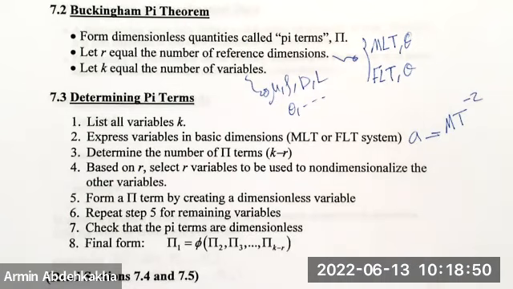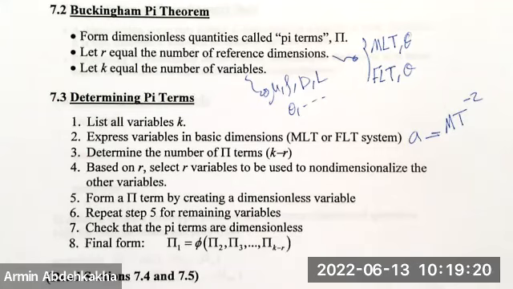That's why, when you have a new topic, like researchers, you have to do the dimensional analysis and find the pi terms, the non-dimensional parameters, and then play with them, right?